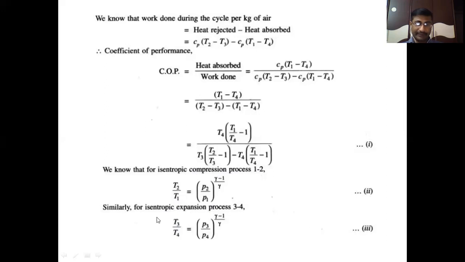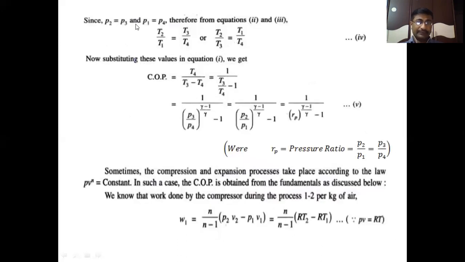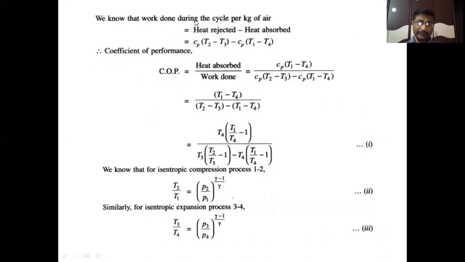By substituting these values into the first equation, wherever we have T2 by T3, we can substitute T1 by T4. How does this occur? Since P2 equals P3 and P1 equals P4, the right hand sides are equal.